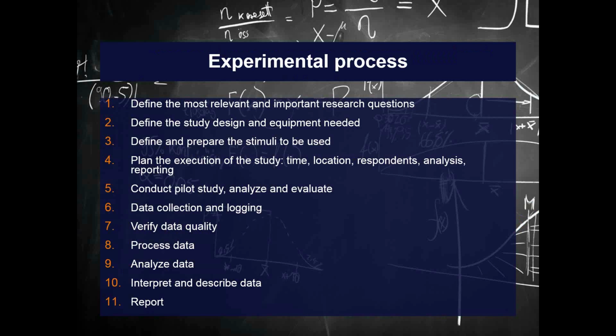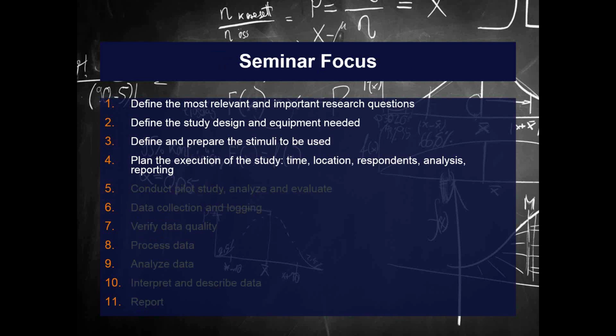Now, the experimental process has a lot of different steps, and so here I've just kind of outlined on a high level all the different things that you might be facing when you're thinking about starting an experiment. Now, this is a long list, and so I'm not actually going to be covering all of the elements here.